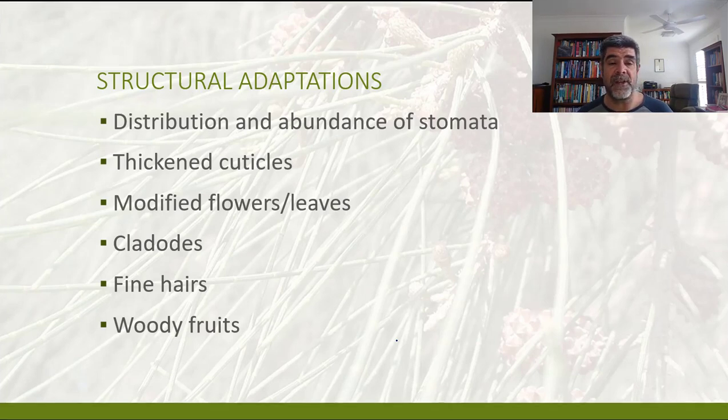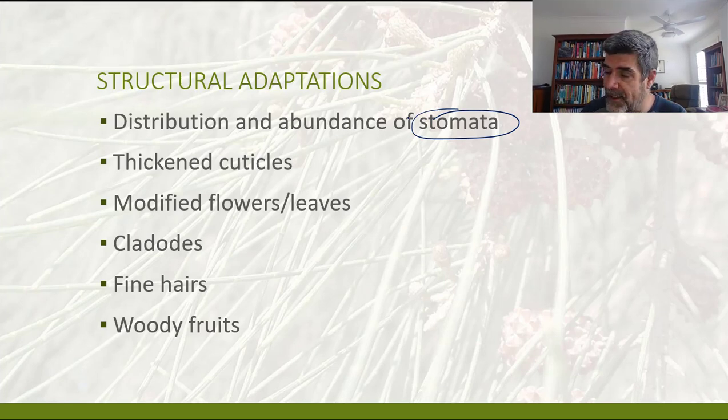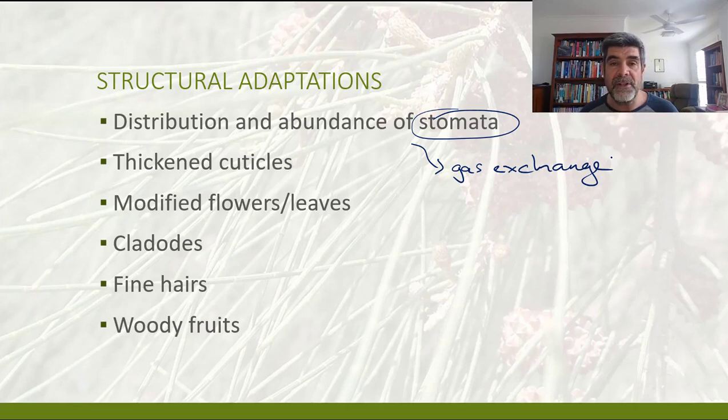Probably the most obvious of those is the distribution and abundance of stomata. That's the guard cells that are guarding the stoma, that little space which allows for gas exchange. And of course, one of the things that's very important when we start looking at some of these is that there's going to be perhaps a number of different factors that are competing with each other, in order for us to get a sense of exactly what's the primary driver of some of these processes.